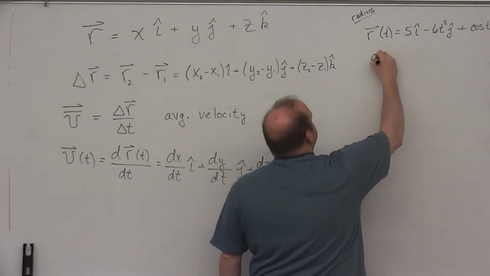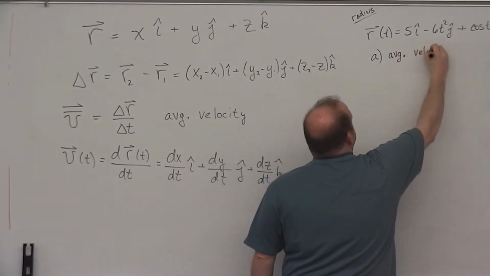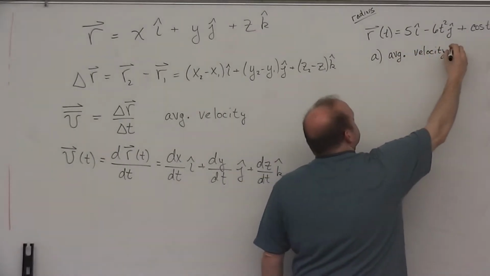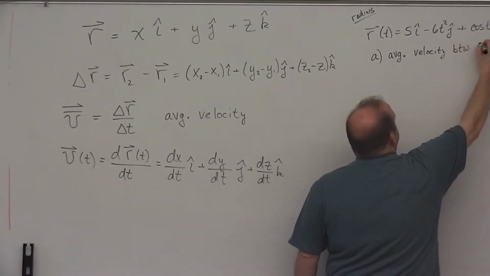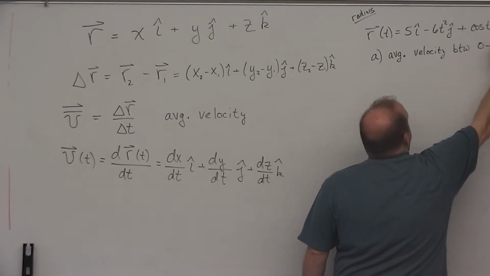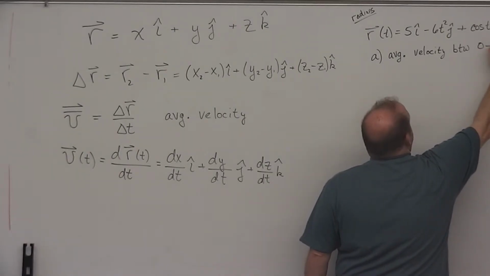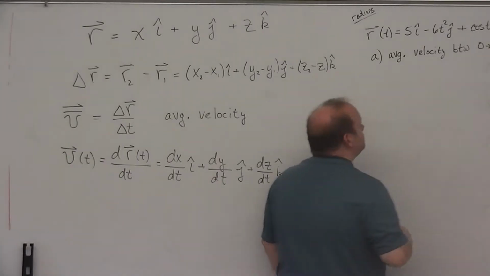So now, I want to know the average velocity between 0 and pi seconds.